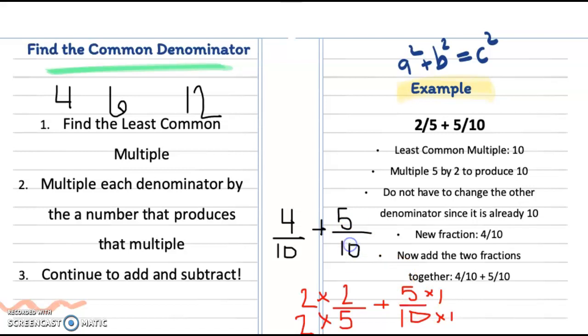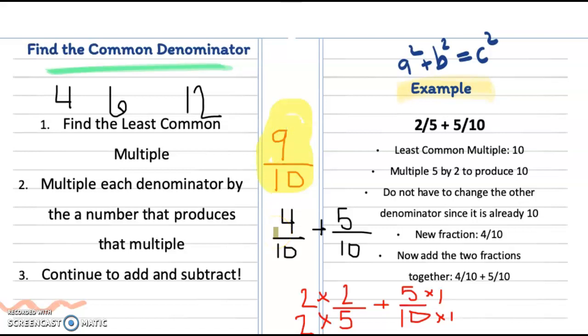Now all we have to do is add because the denominators are the same. We just add the top numbers and leave the denominator as 10. You do not change that. So 4 plus 5 is 9 over the denominator, which stays the same, 10. So 9 over 10 is your final answer.